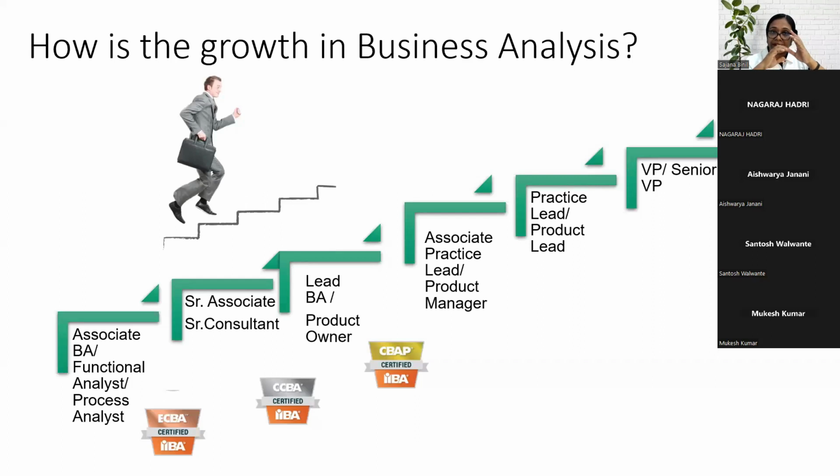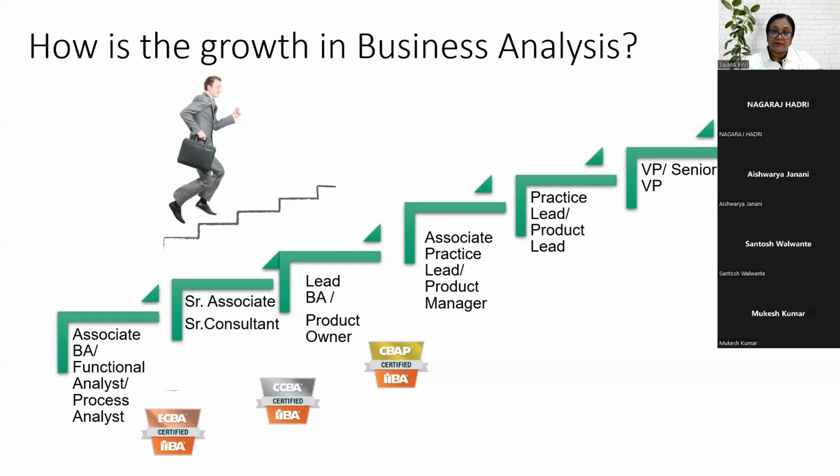This is the growth ladder for a business analyst. In a business analyst role, you can start off as an associate BA or a junior BA, then move on to a senior associate level, then become a lead BA or product owner.